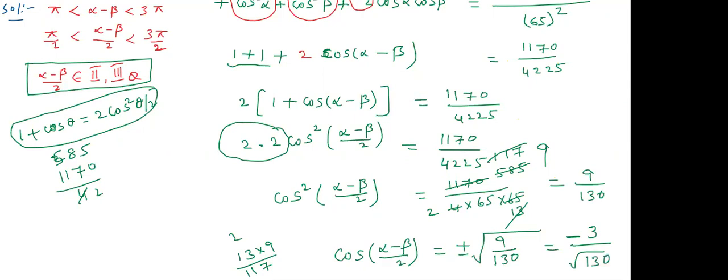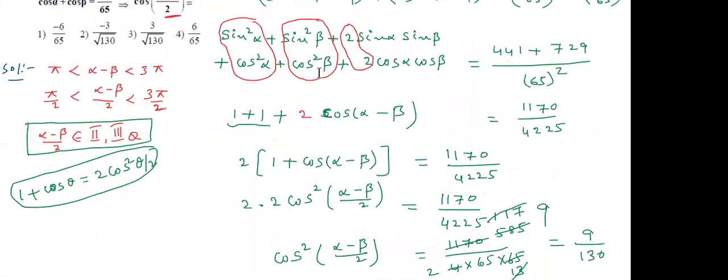Students, are you understood? Why I am taken only minus? Cos is negative in second and third quadrant. So finally we got answer minus 3 by root 130. Second option is correct.